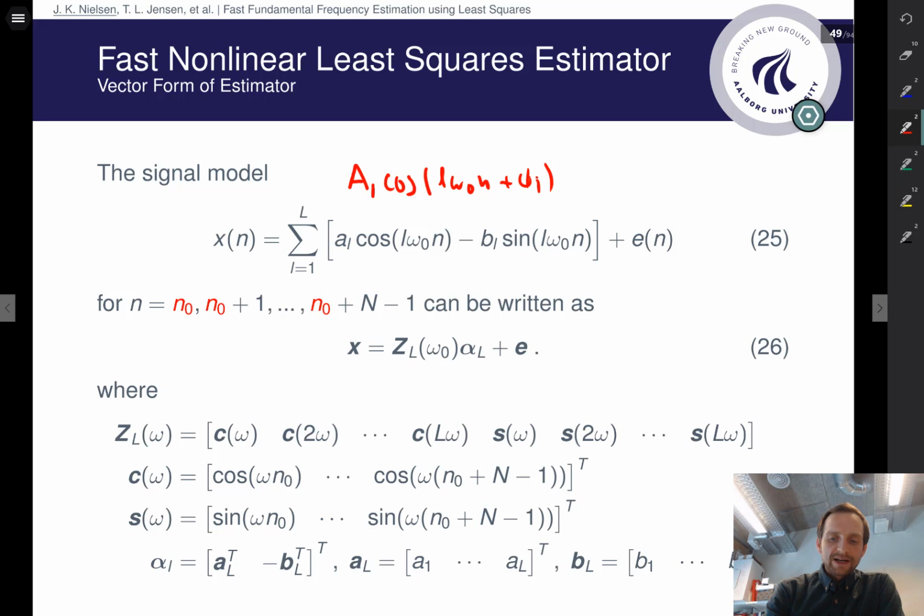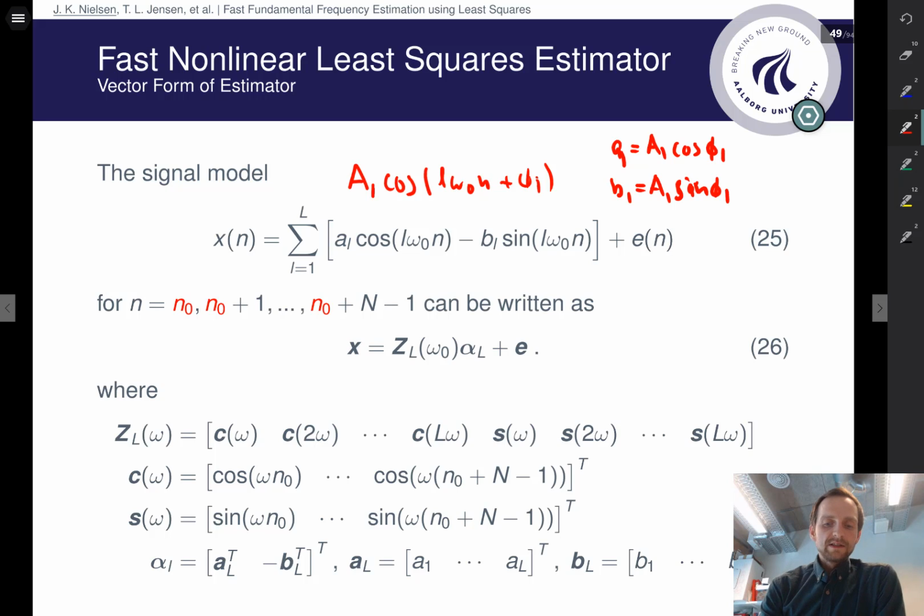But you can write the polar form in the rectangular form here if you define a_l as A_l cosine phi_l and b_l equal to A_l sine phi_l.